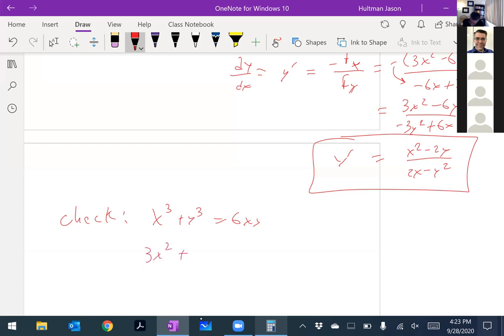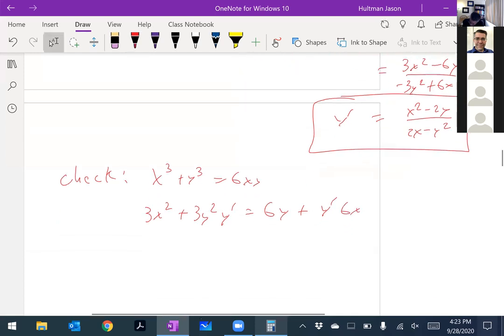The derivative of y cubed is 3y squared y prime, and this is equal to a product rule: 6 times the derivative of the first times the second plus the derivative of the second times the first.